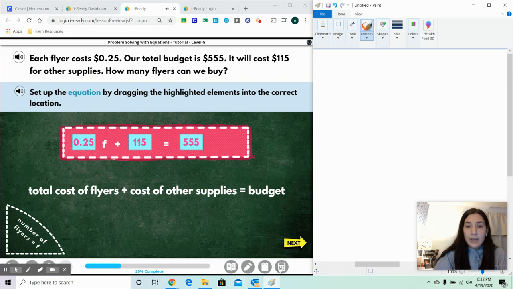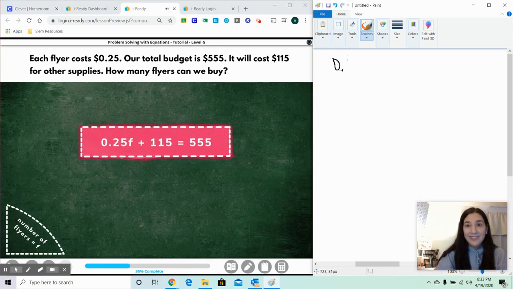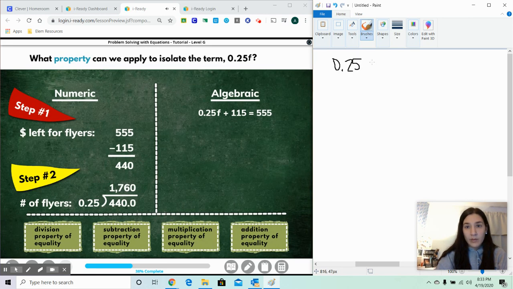Okay, so now we're going to solve our equation. Now that we have the equation, I think we can solve it using properties of equality. You know it. We can. The key to solving algebraic equations is to isolate the variable. What property can we apply to isolate the term 25/100 f?